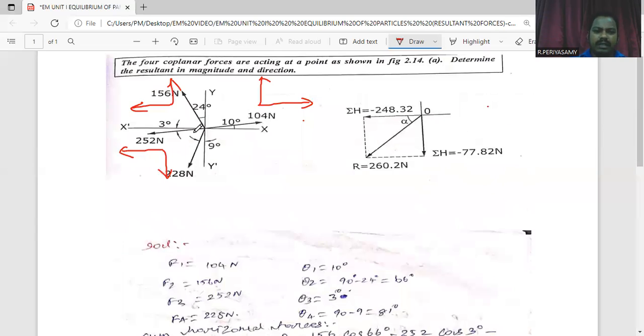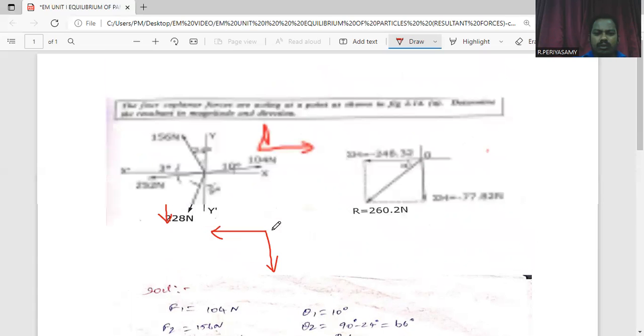We follow the same procedure for the fourth force. The fourth force direction is like this manner. This inclined force is further classified into horizontal component and vertical component. Its horizontal component is like this, and its vertical component is in the downward direction. Its horizontal component value is 228 cos theta 4, its angle from the x-axis being 81 degrees.